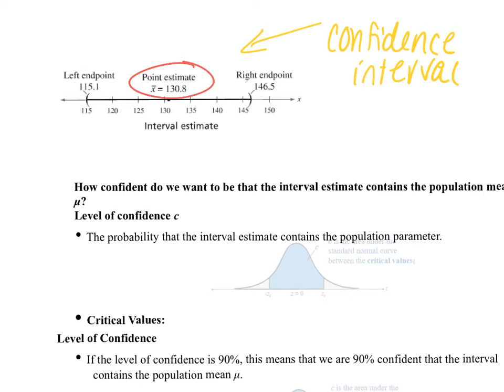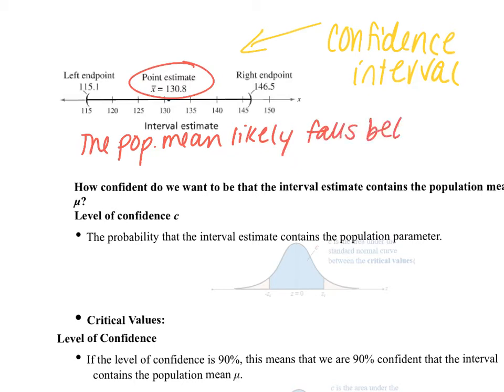Now it's not very likely that that is going to represent an entire population. So we can create an interval estimate, and we can say, all right, if I can figure out my margin of error, then I know that my range falls somewhere between 115.1 and 146.5. So an interval estimate basically states that the population mean likely falls between 115.1 and 146.5.